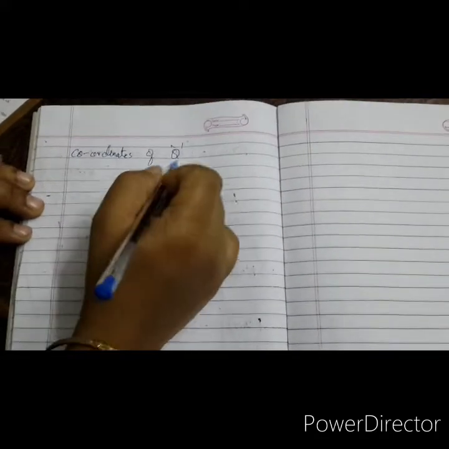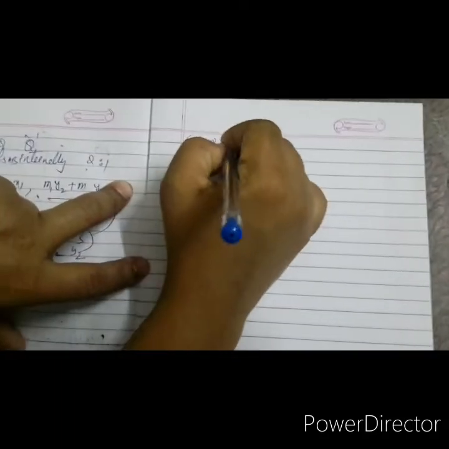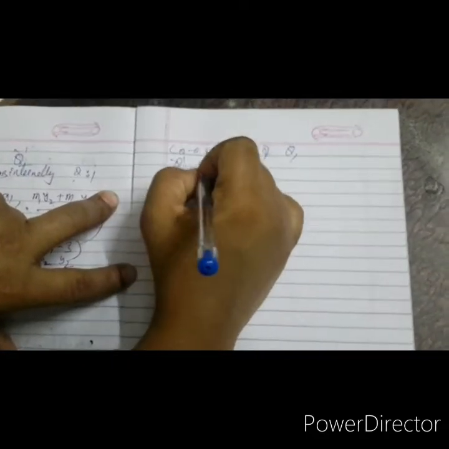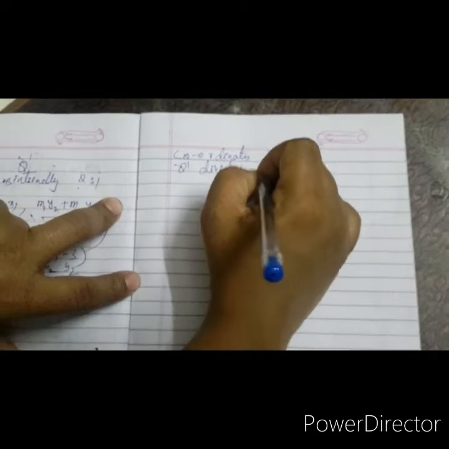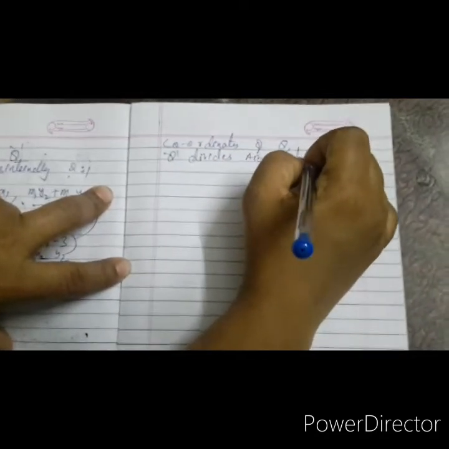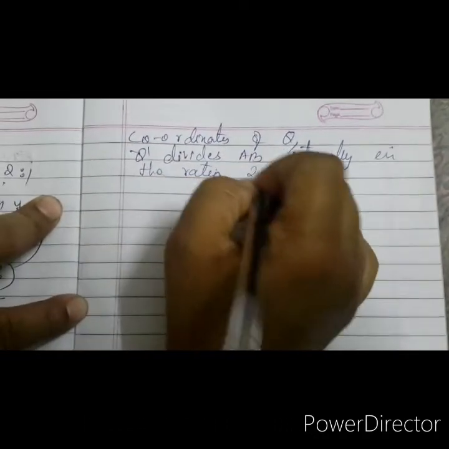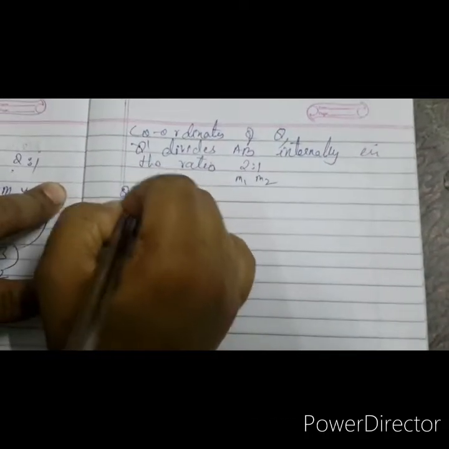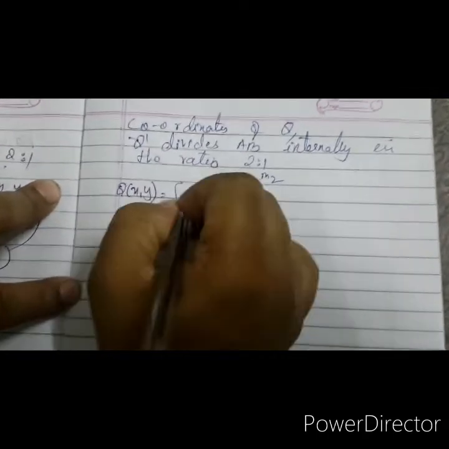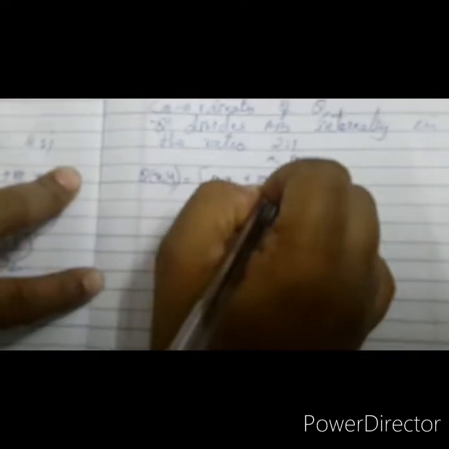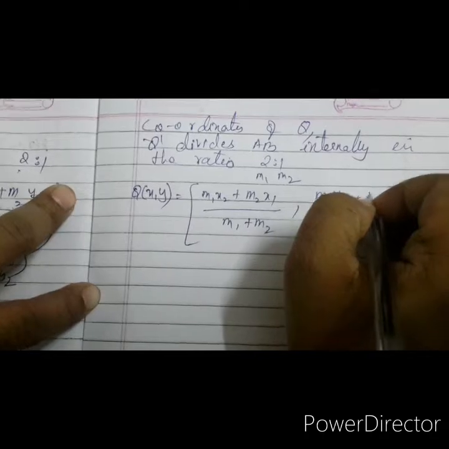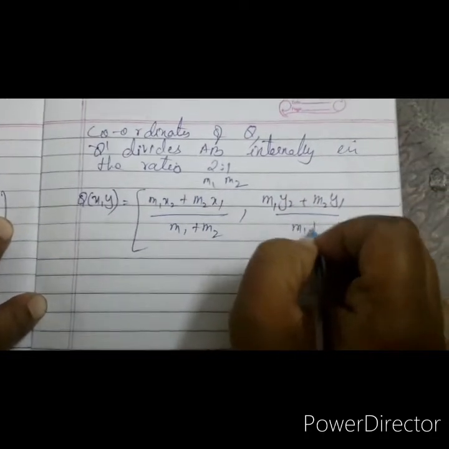Now students, coordinates of Q. We are going to solve coordinates of Q. Q divides AB internally in the ratio 2:1. This one I have explained you, right? So now this is your m1, this is your m2. Coordinates of Q(x, y), same formula: m1 x2 plus m2 x1 divided by m1 plus m2, m1 y2 plus m2 y1 divided by m1 plus m2.